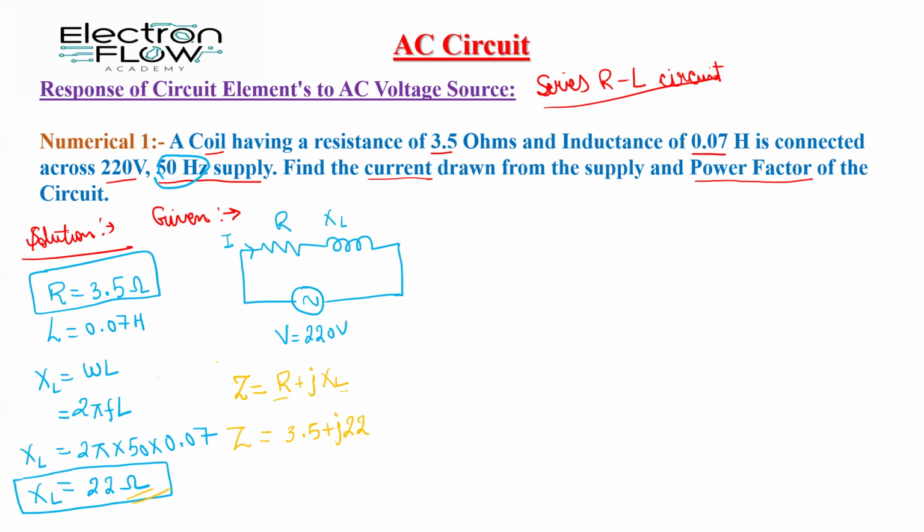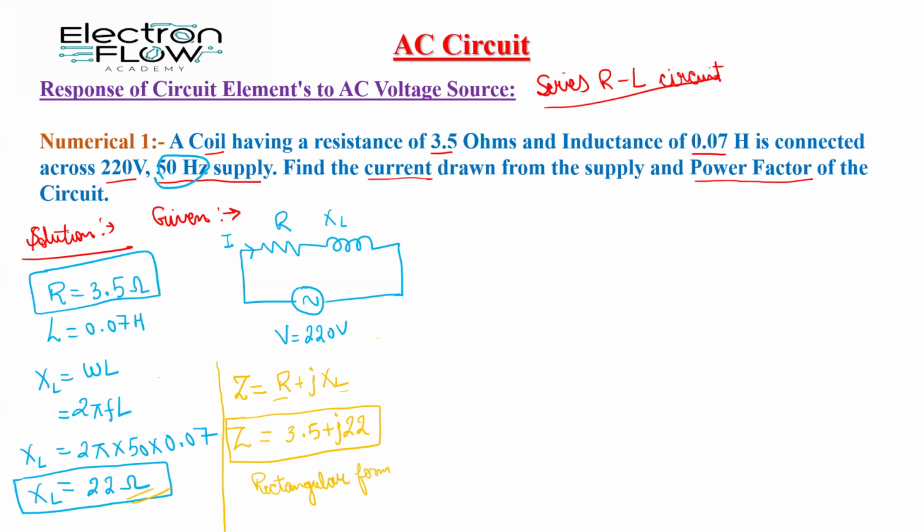Now the value of Z is 3.5 plus j22. This is in rectangular form.